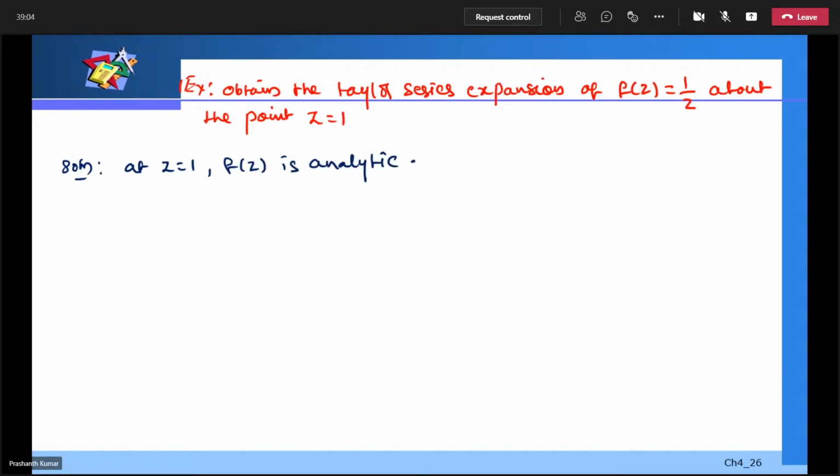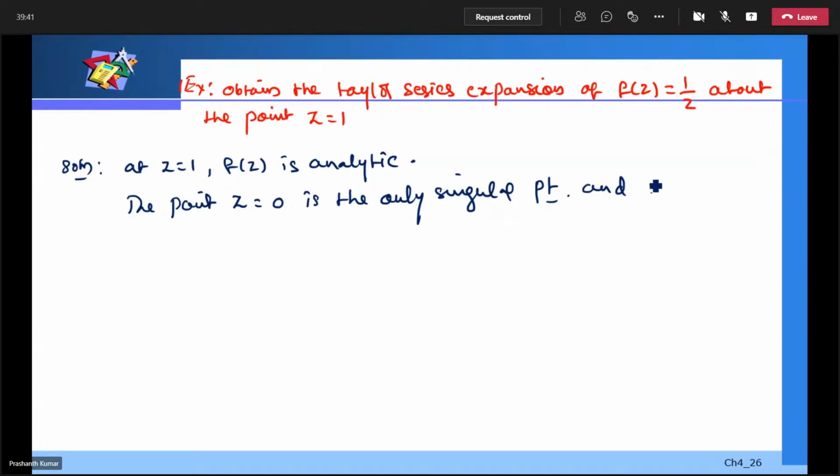And what is the singular point for this function? 1 by z, z is equal to 0 is the only singular point for this function, and it is at a distance of 1 unit from z is equal to 1.